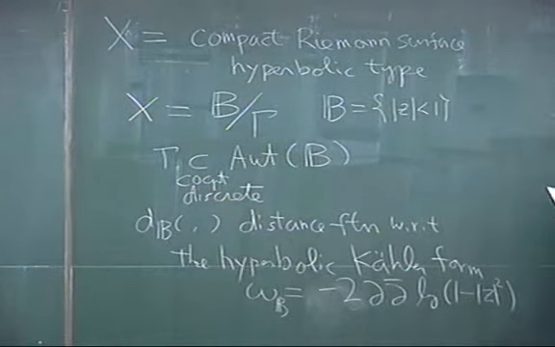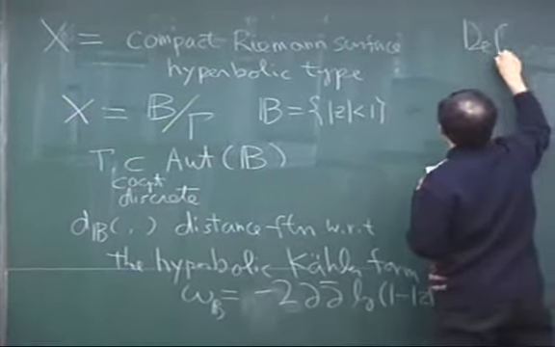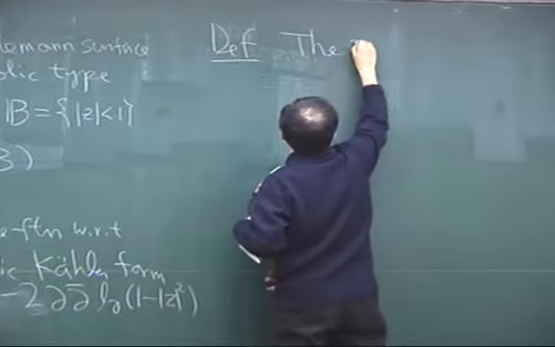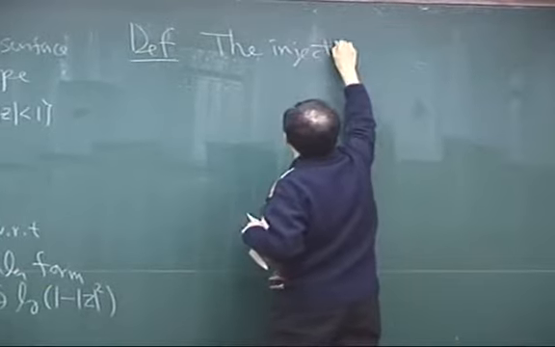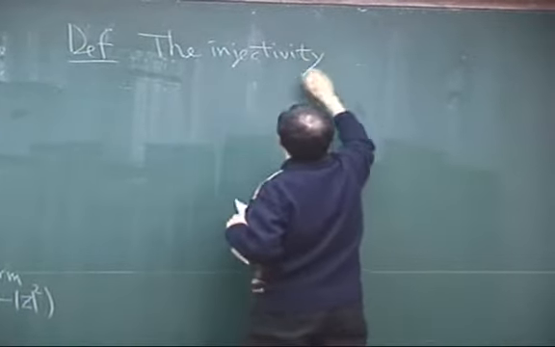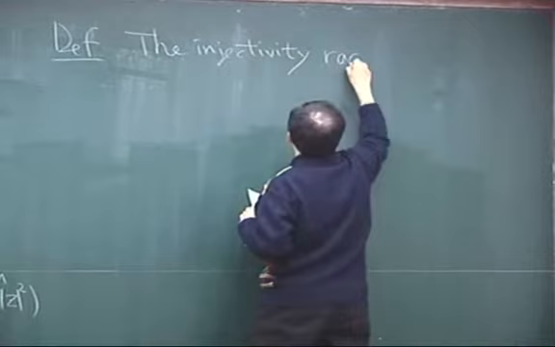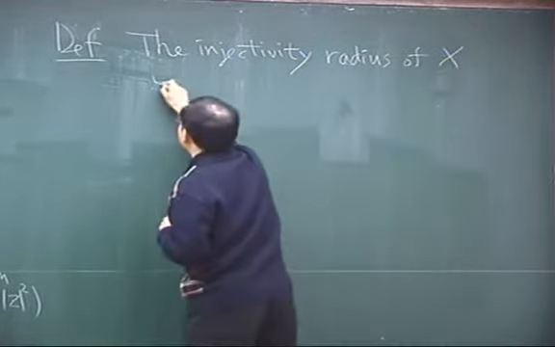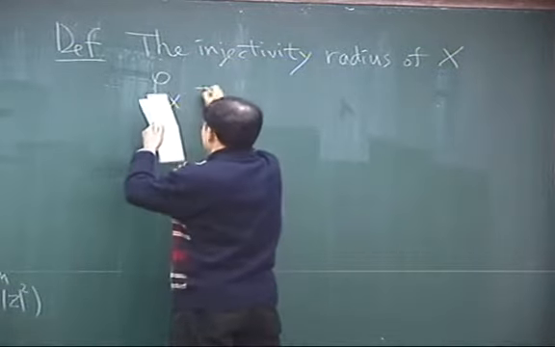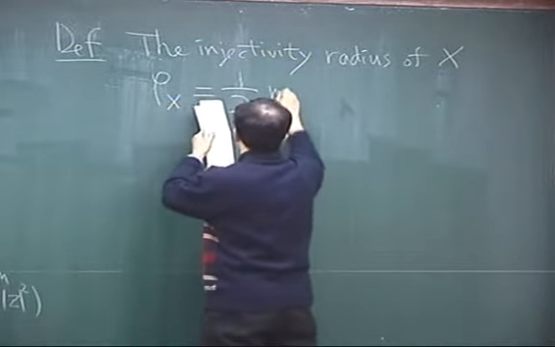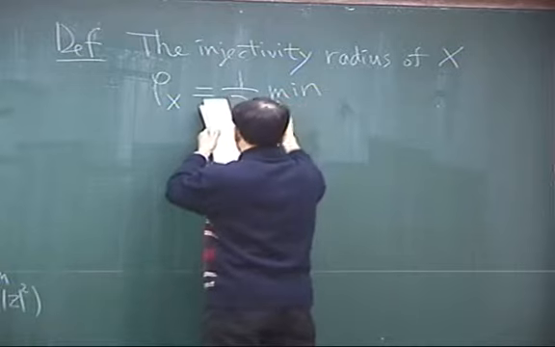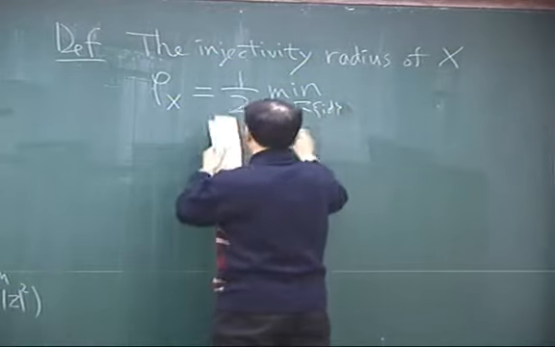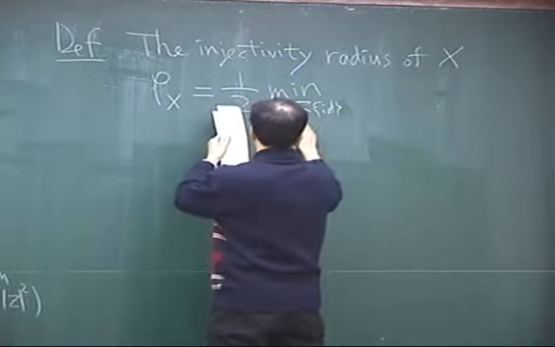And then we define the following. The injectivity radius of X. This is denoted by rho_X, and this is 1/2 of the minimum of d_B(0, g(0)) where g is in gamma, g not the identity.